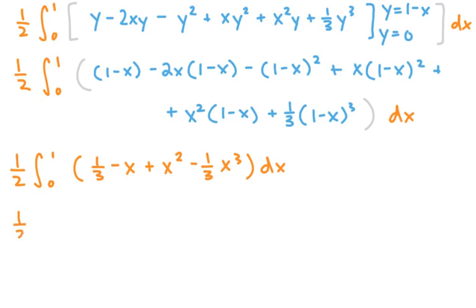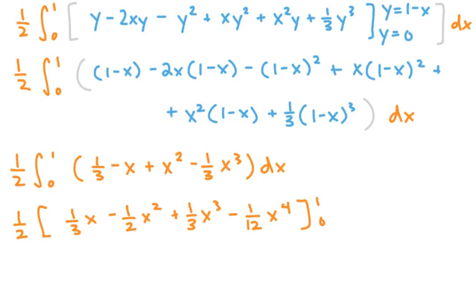I have 1/2. That's going to be 1/3 x minus 1/2 x squared plus 1/3 x cubed minus 1/12 x to the 4th. And we need to evaluate that from 1 to 0. Obviously the zeros are all going to cancel out, so we just need to plug 1 in.